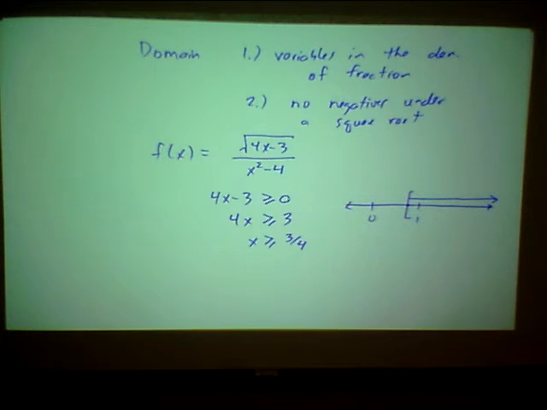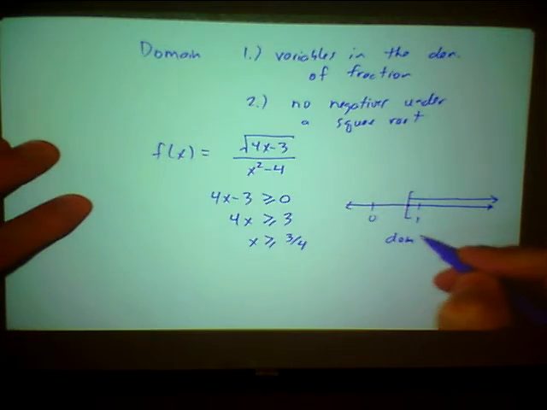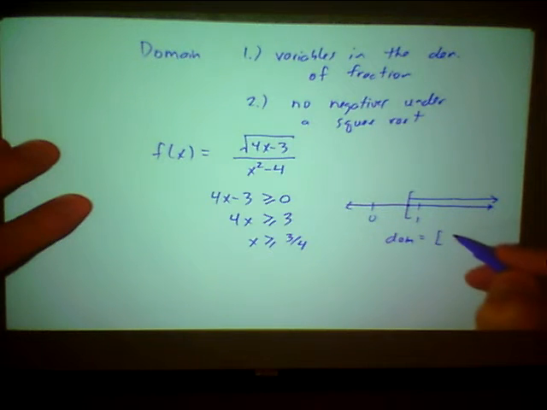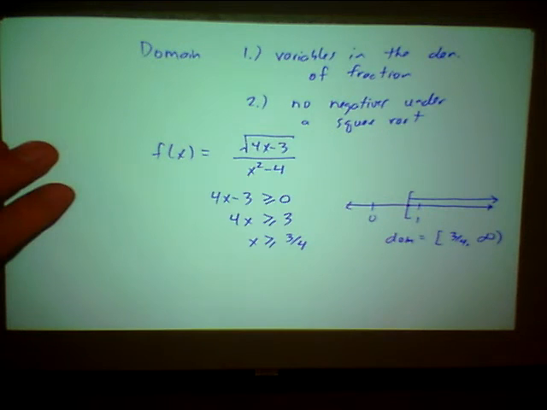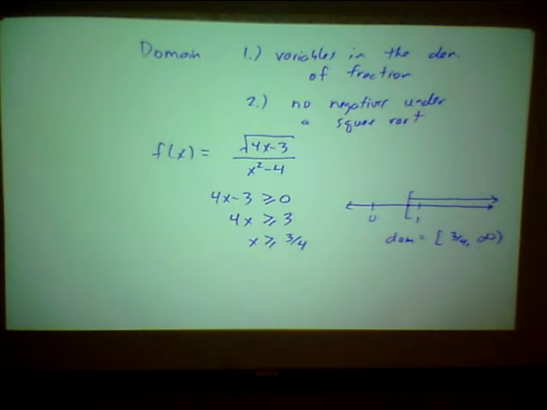Normally at this point, if I didn't have the denominator, I would just say the domain is from 3/4 to infinity. But you know what? I have to go check the denominator. There may be some values in this domain that will cause the denominator to be 0.